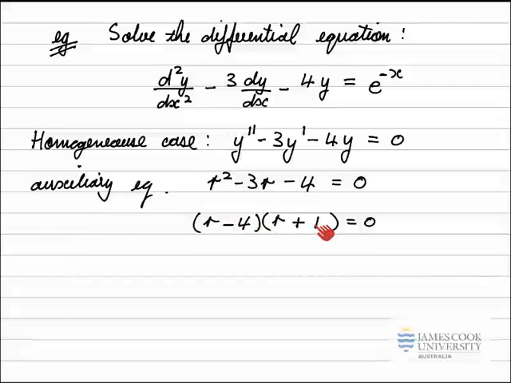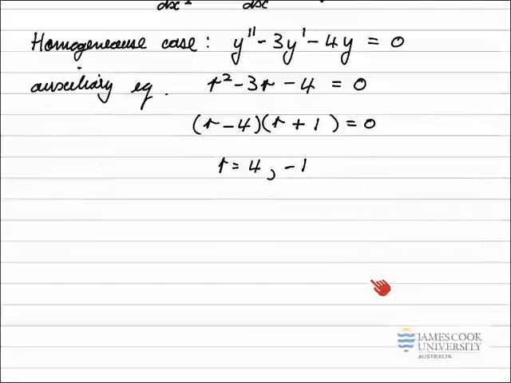So the solutions to the r values are r is equal to plus 4 and r is equal to minus 1. So I've got two different values for r, which is case 1 of the homogeneous three possible cases.